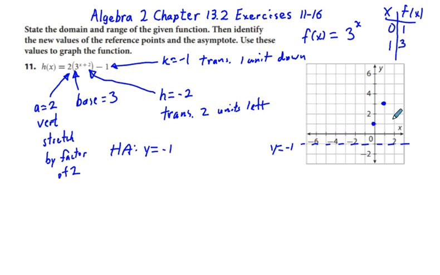And let's go ahead and find the new reflected points. So what we're going to do first is stretch by a factor of 2. I'm going to take this 0, 1 and multiply by 2.